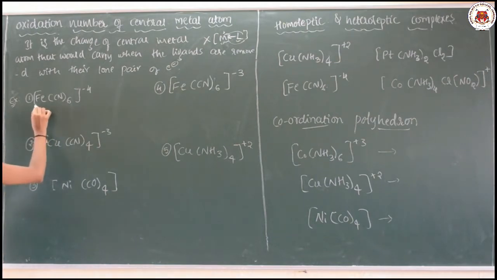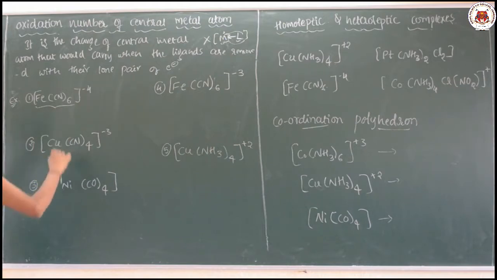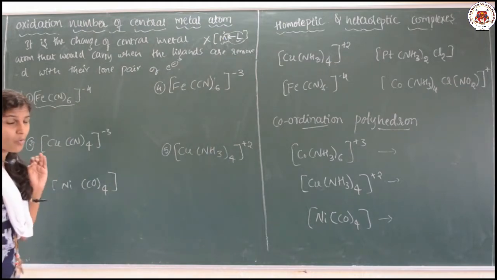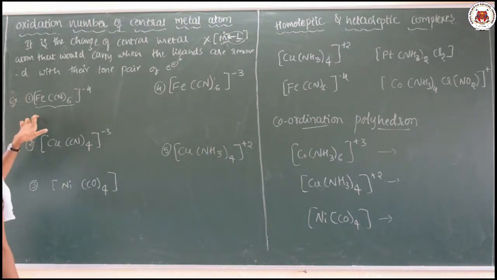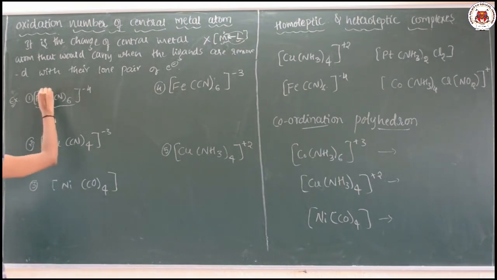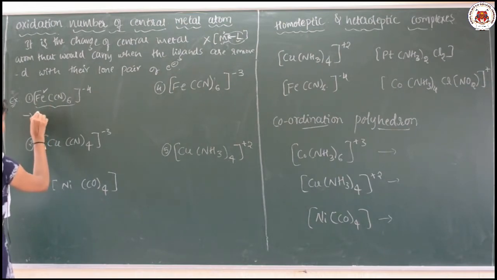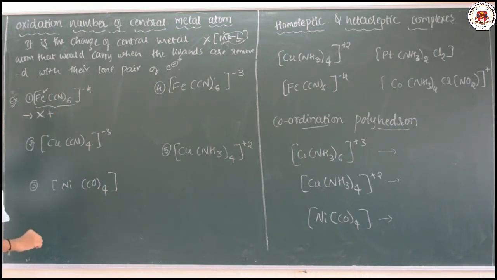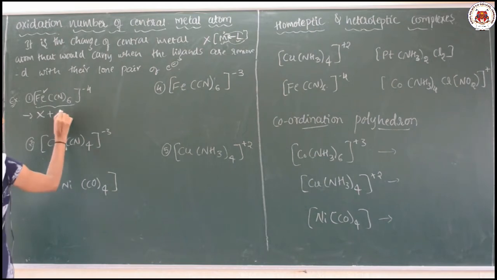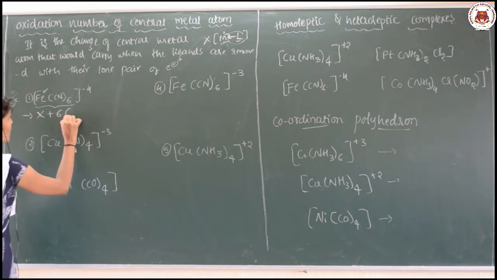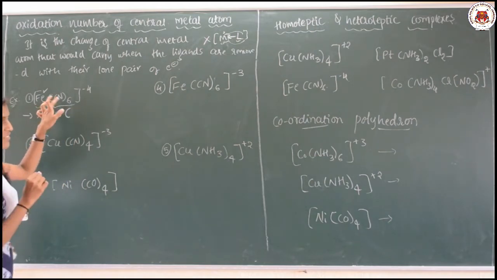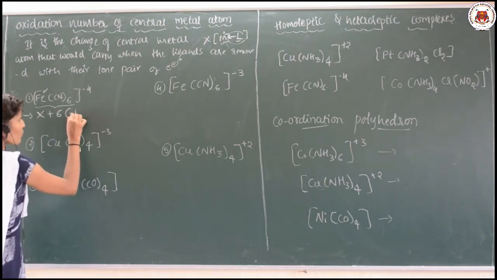Here I have given the complex ion, already I told you what a complex ion is. Here I need to find out the oxidation number of this metal atom, Fe. I do not know it, so I will keep it as x, plus, how many CN are there? 6 CNs are there, and the oxidation state of each CN is -1.